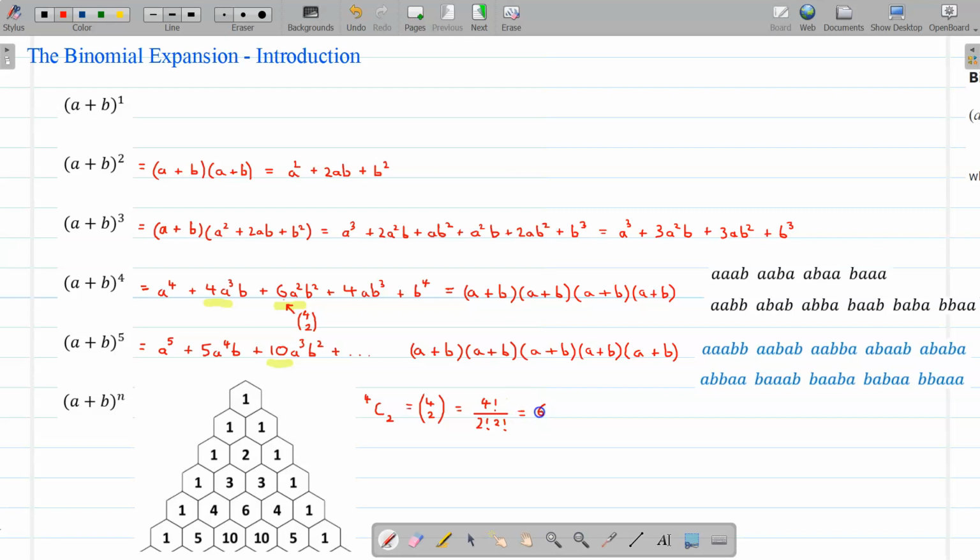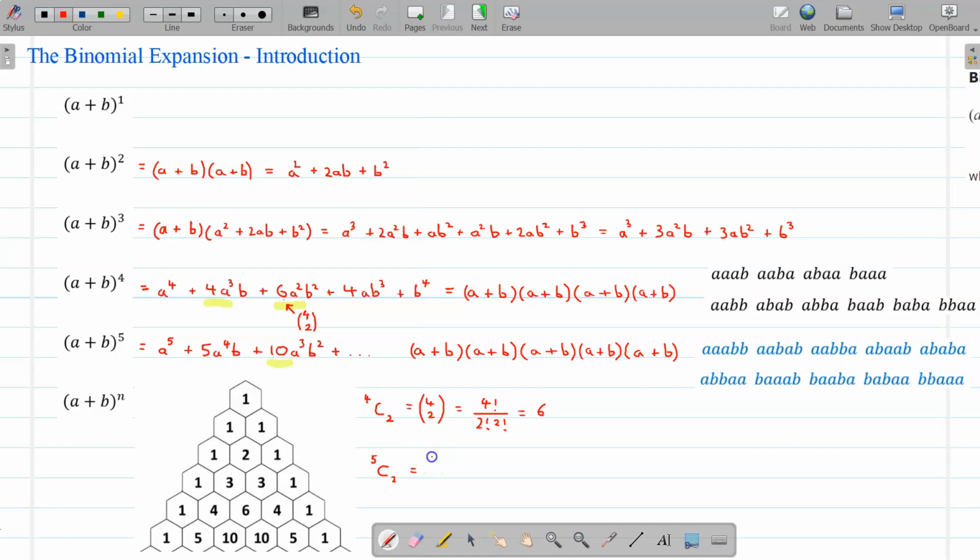Okay, if we took one more example, let's use this 10 here. This 10 is the number of ways of arranging 5 things where 2 of them are the same, and 3 of them are different to the other 2.